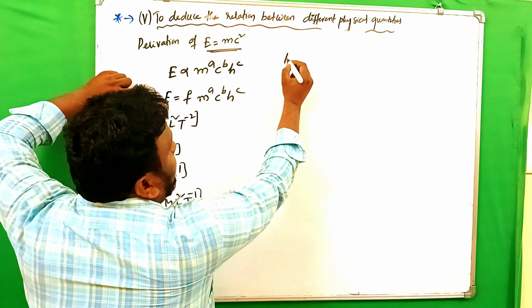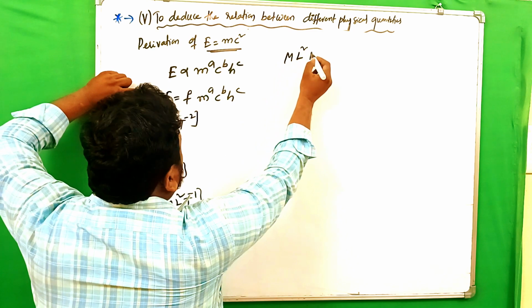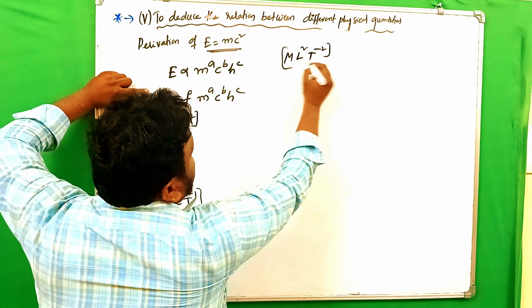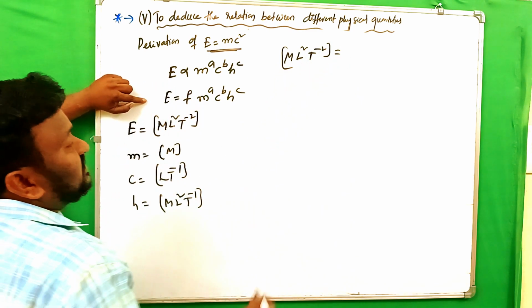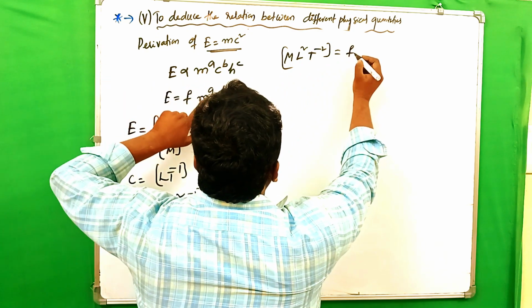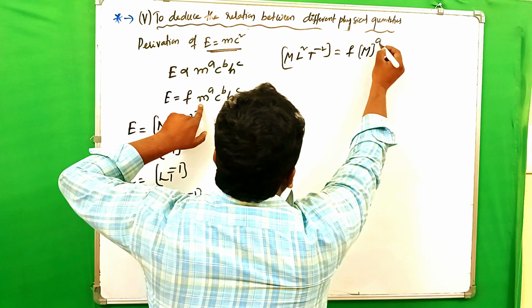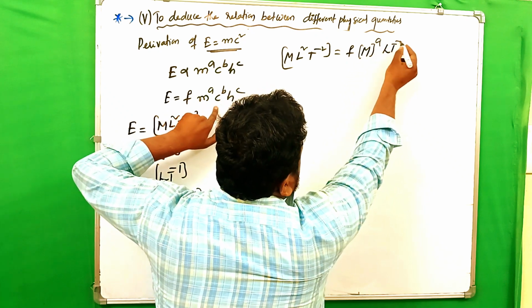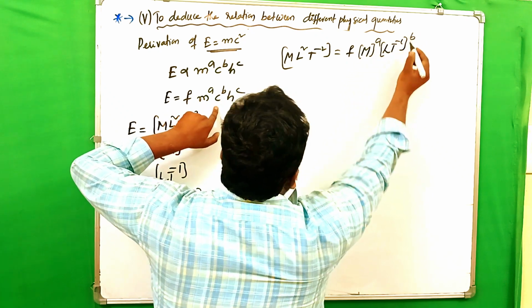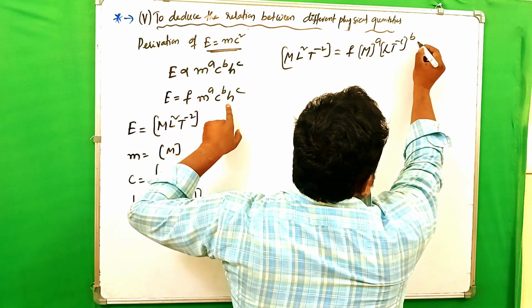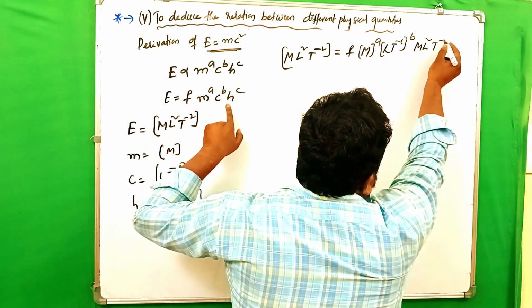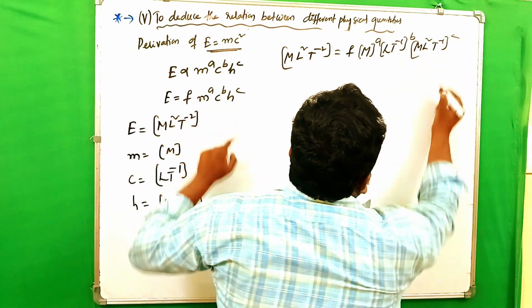What is E? M L square T inverse 2 is equal to some constant f into m to the power of a, into L T inverse 1 whole to the power of b, and M L square T inverse 1 whole to the power of c.